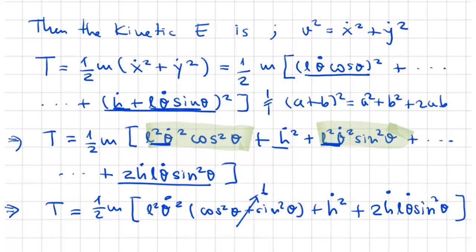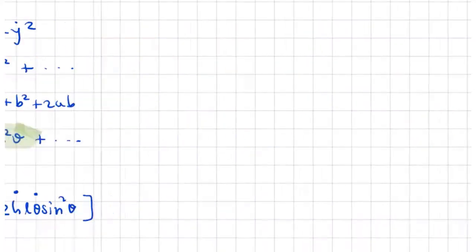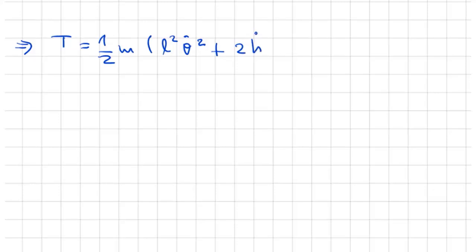Our kinetic energy is going to be finally written as, finally, our kinetic energy is going to be something like this: 1/2 of the mass, L squared theta dot squared plus 2h dot L theta dot sine of theta plus h dot squared.